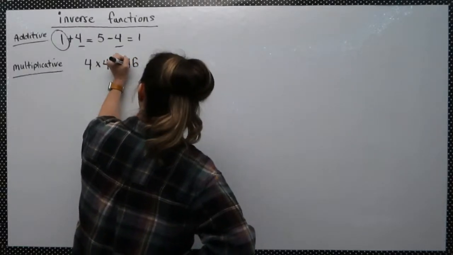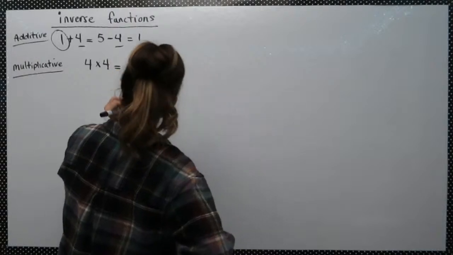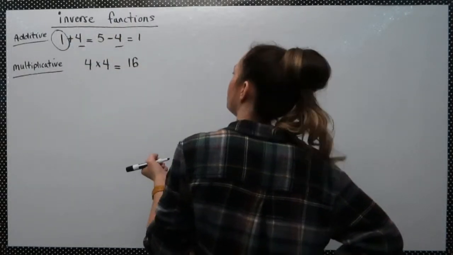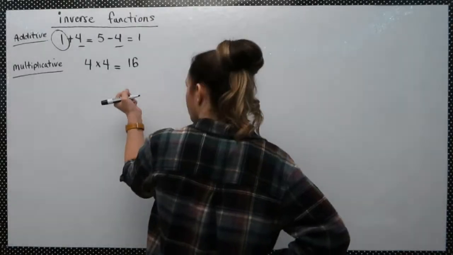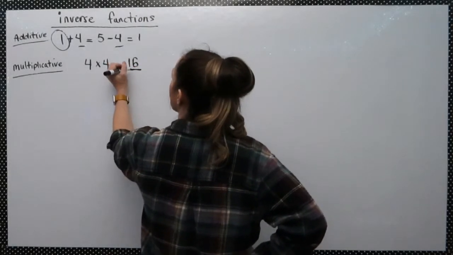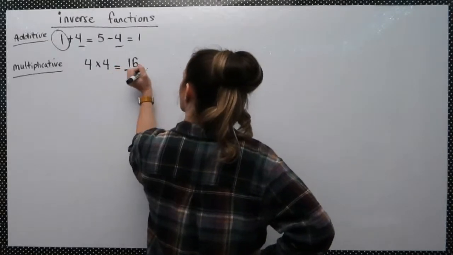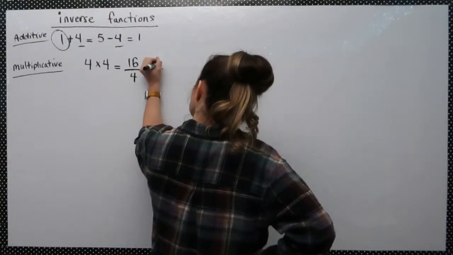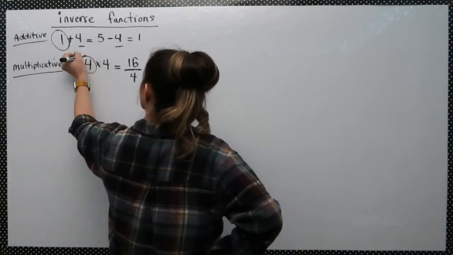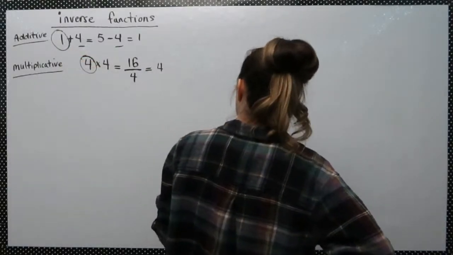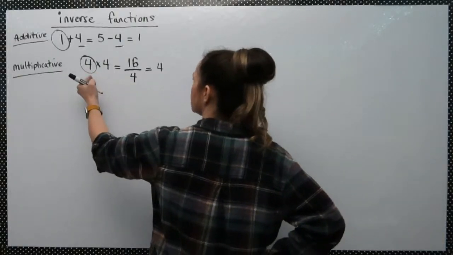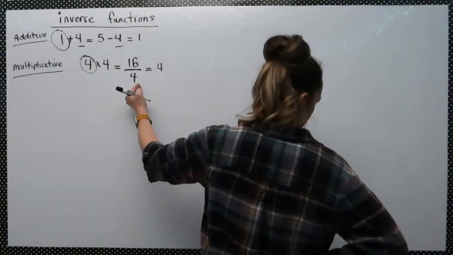Well, if I perform the multiplicative inverse on 16, essentially multiplying 4 by its reciprocal, then I'm going to divide 16 by 4. 16 divided by 4 is 4. And so I'm getting my original value because I'm performing an inverse operation.